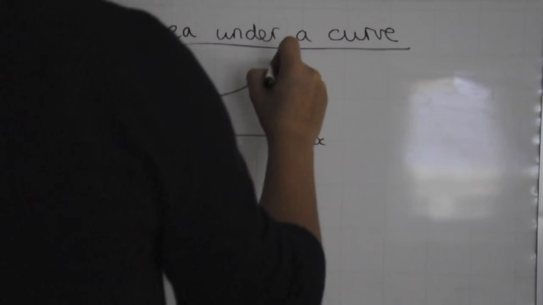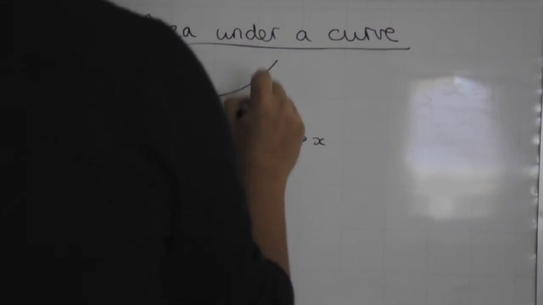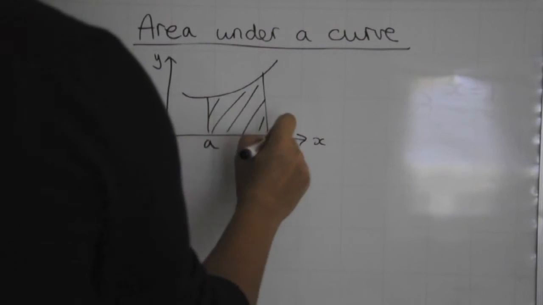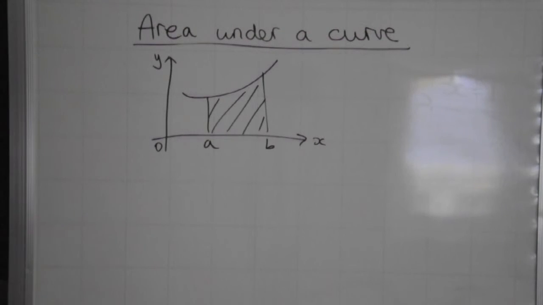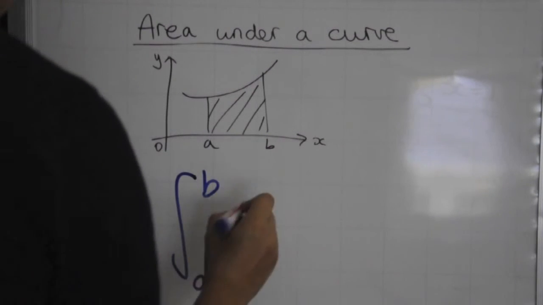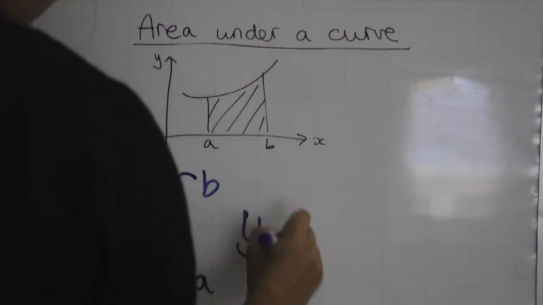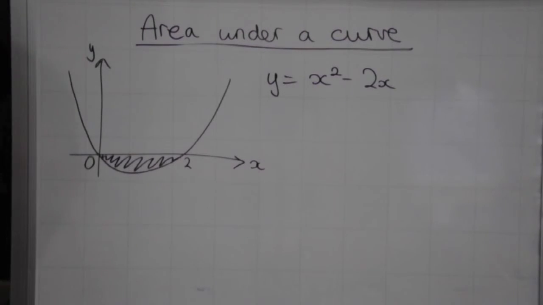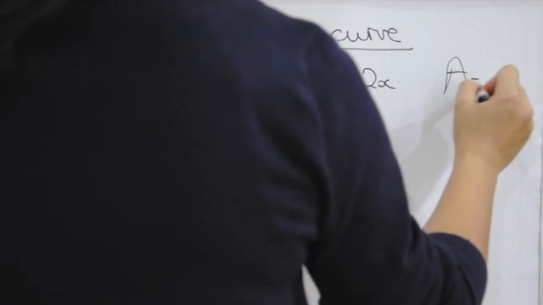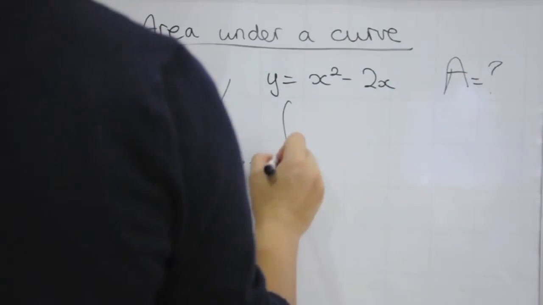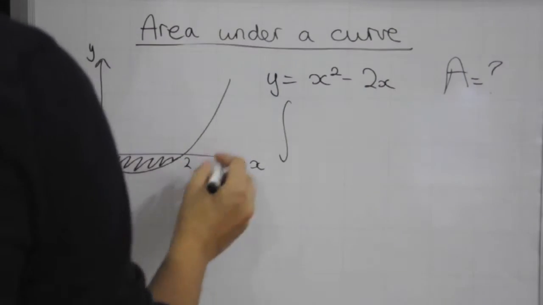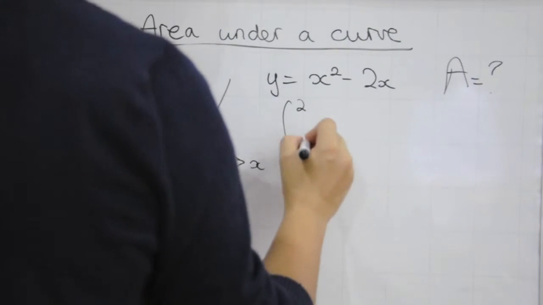Sometimes questions will ask us to find the area on the curve. So let's say we have this curve, and they want us to find the area underneath. These 2 points are labeled as A and B, and from this, the simple formula can be formulated as the integral from A to B of y dx. Sometimes they would ask us to find the area under the curve like this. So what is the area? First, we need to integrate it. We know that this is B, and this is A, so we can put that in, 2 and 0.